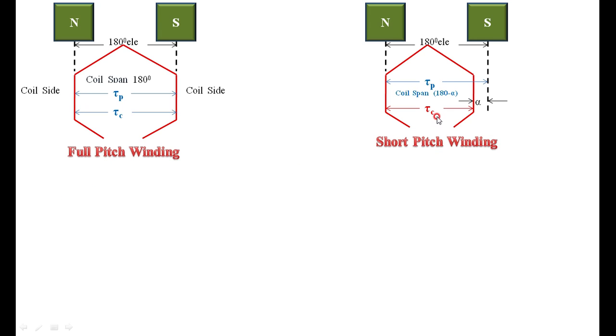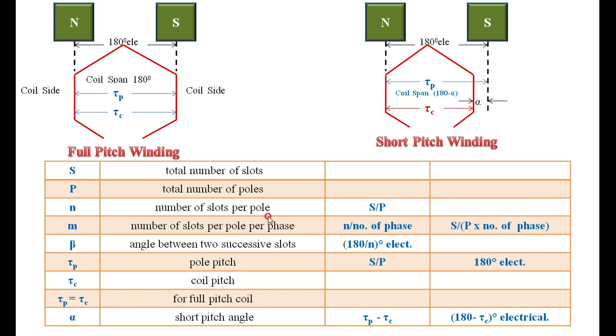If tau c is less than 180 degrees, it is called short pitch winding. These are the terminologies used in the alternator; we derive the equation for full pitch and short pitch winding in the form of the coil span factor.